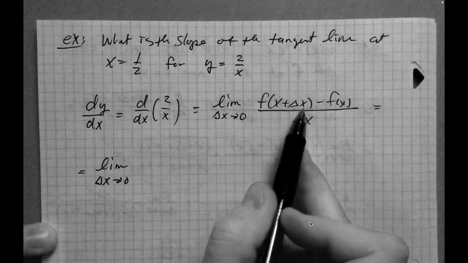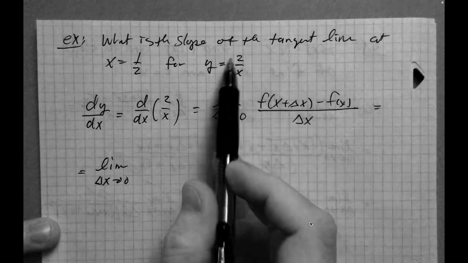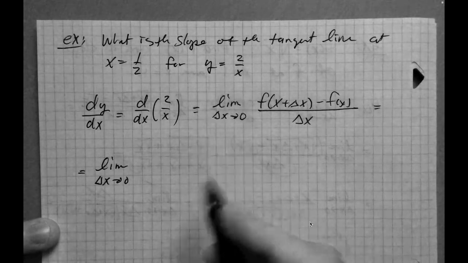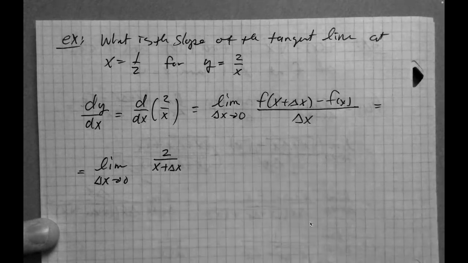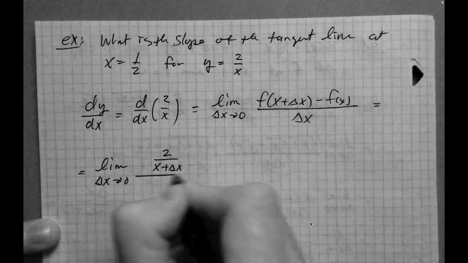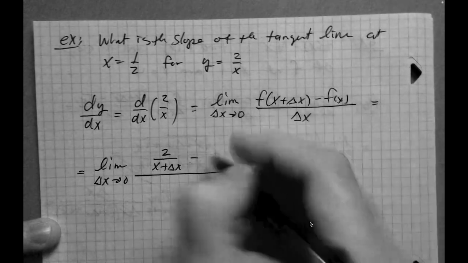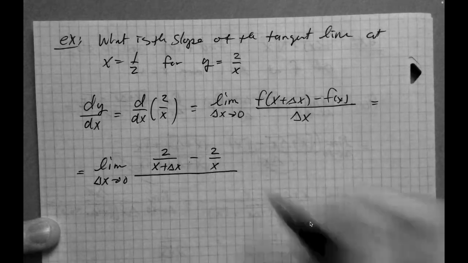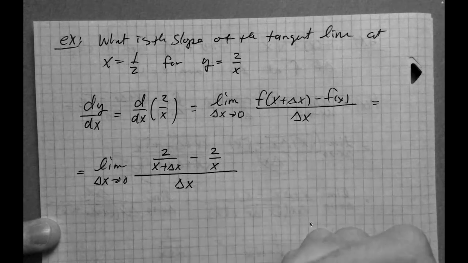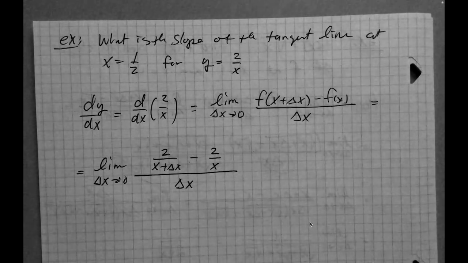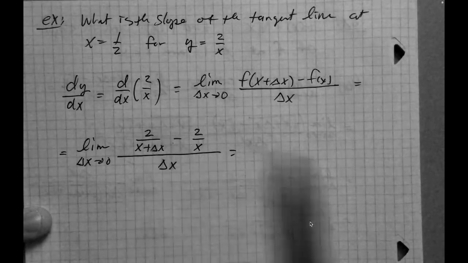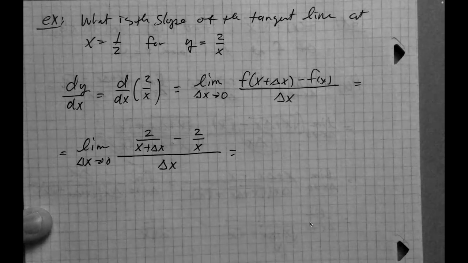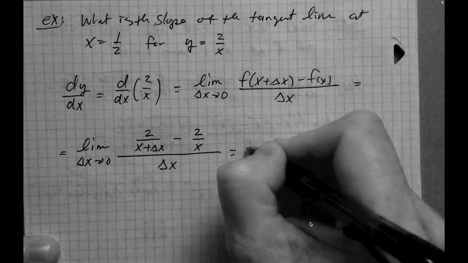So f of x plus delta x is going to be 2 divided by x plus delta x, like so. And then minus f of x, which is 2 over x, and then delta x down below. I think probably the best place to start would be to combine these numerators and resolve this fraction within a fraction situation.